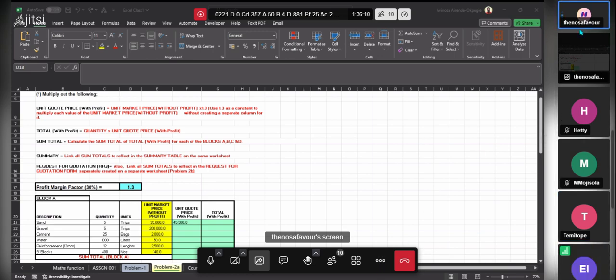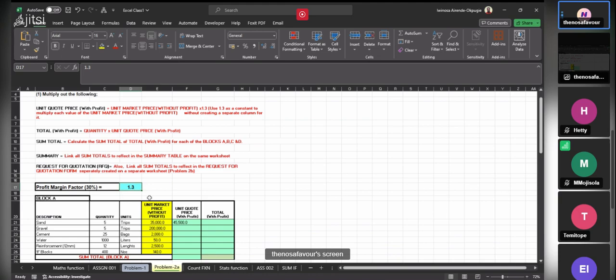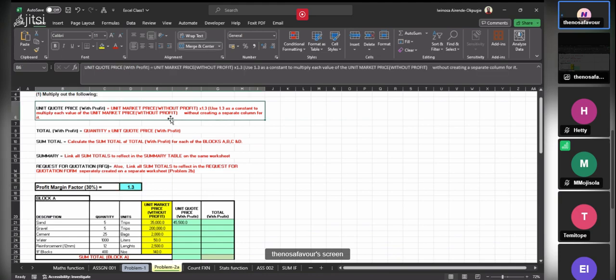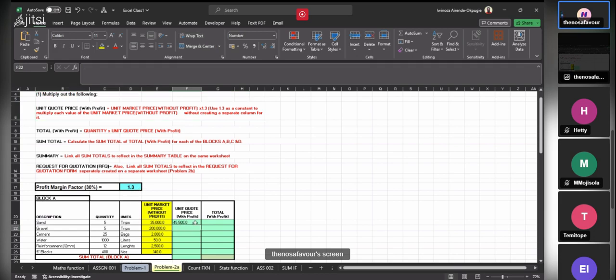No. So I was explaining that ordinarily, with the question that was given to us here, 1.3 is the margin factor. But we all understand how things are going. As at when we started with 1.3 as the margin factor, the dollar was still 500 naira to $1.